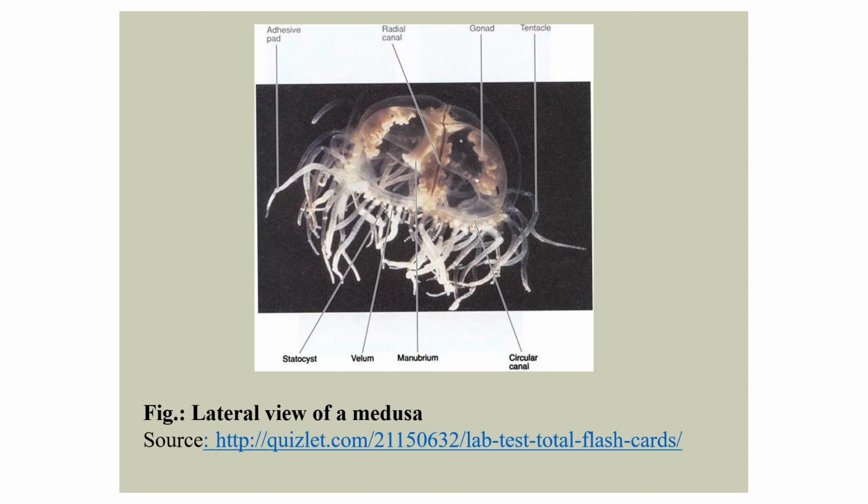Then there is the radial canal, then there are gonads present and the tentacles are present in front. So in the lower labeling you can see statocyst is labeled. It is situated in the middle, upper side, and there is a velum and manubrium. Then circular canals are also seen.